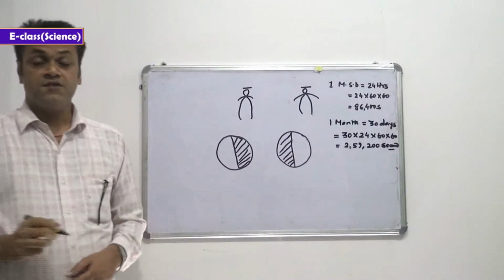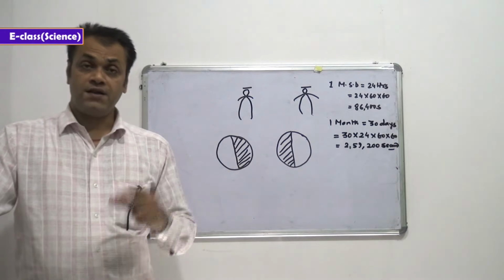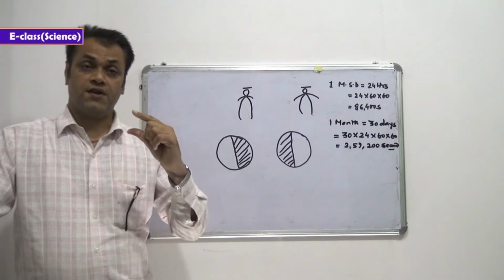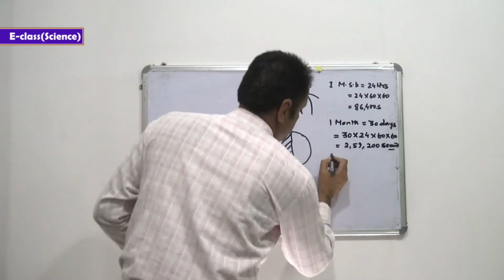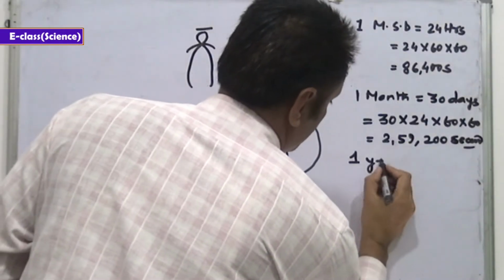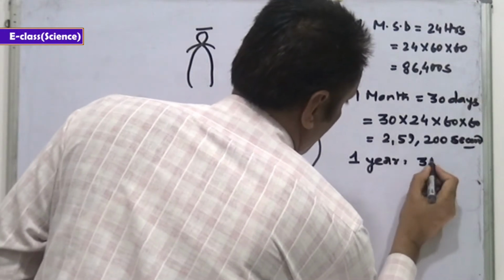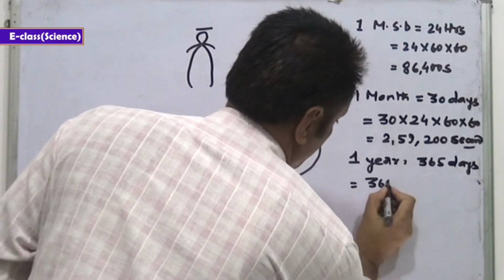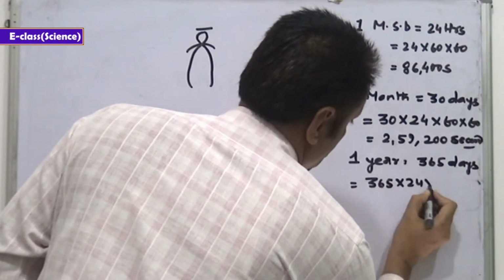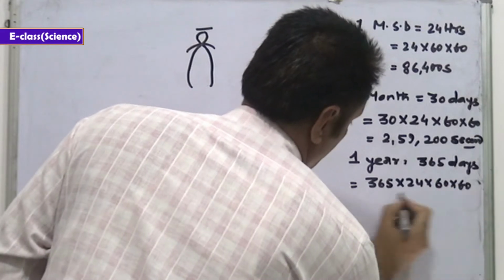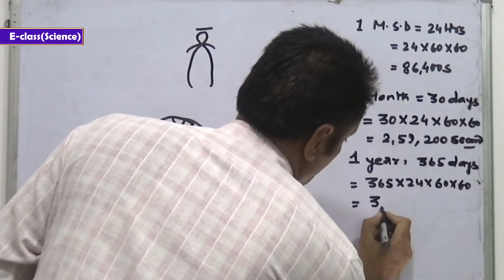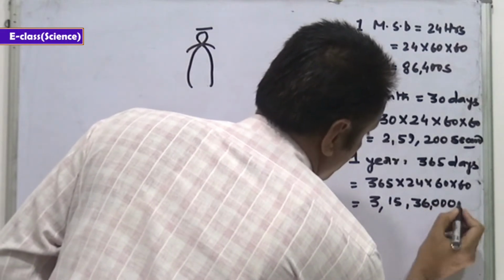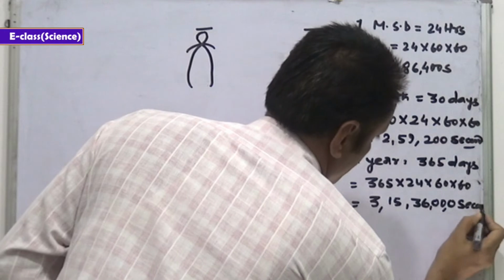Then 1 year: the time taken by the earth to complete one revolution around the sun, that we call 1 year, equal to 365 days, or 365 into 24 into 60 into 60, which becomes 3 crore 15 lakhs 36,100 seconds.